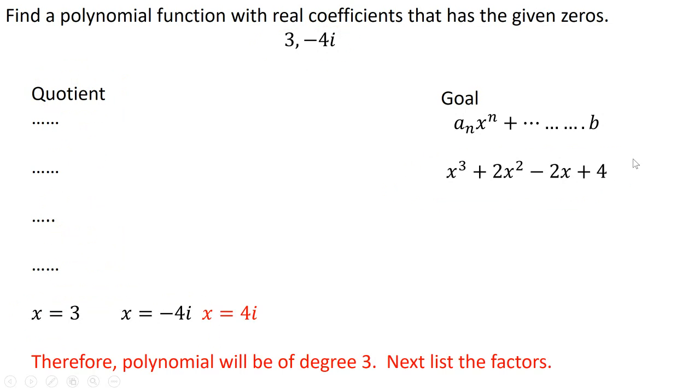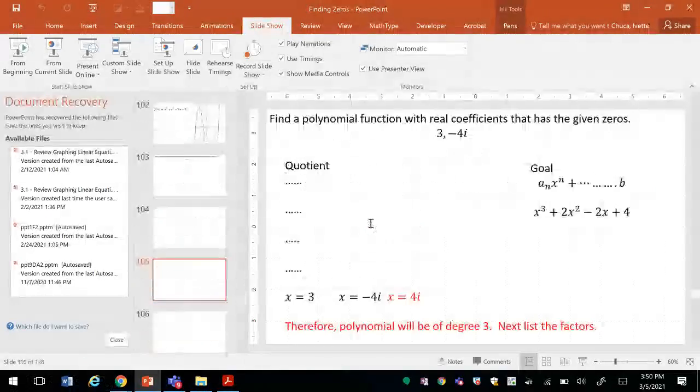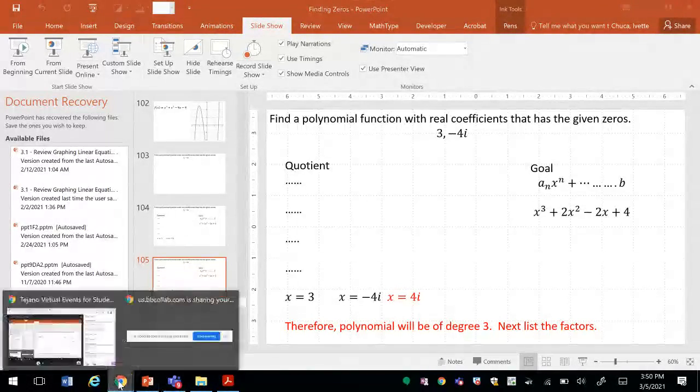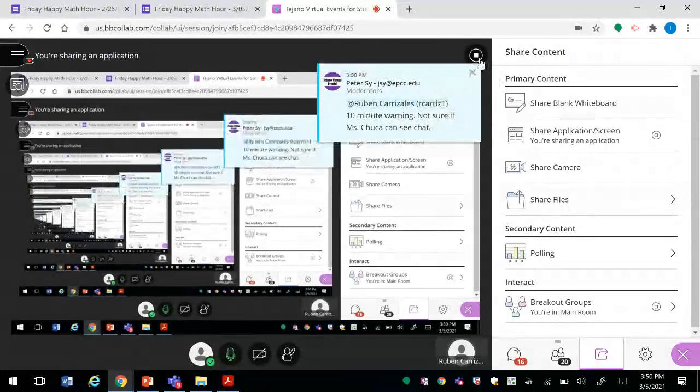Okay, so let me go back to the blackboard. That way I can see we have 10 minutes. So let me just get the slide back. I don't have no more drawings, so.